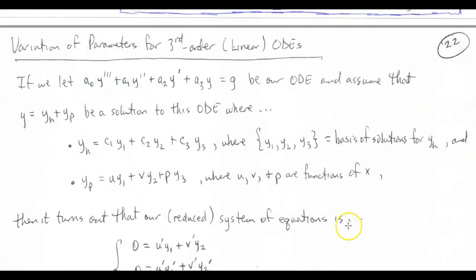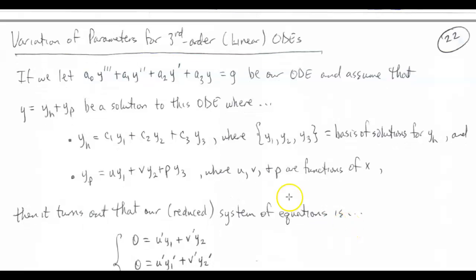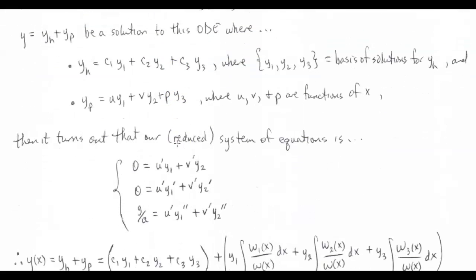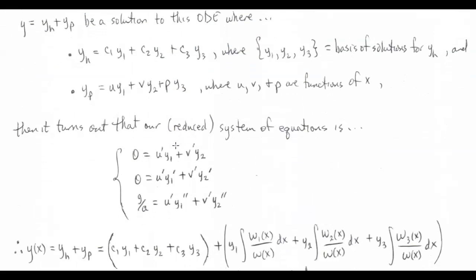Now, finally, if we do the same thing for, let's say, a third order, then much of this process is going to be the same. The only thing that's different now is, of course, there's more work to do, but your result ends up being a system of equations where you have 3 equations, 3 unknowns, instead of 2 equations, 2 unknowns.